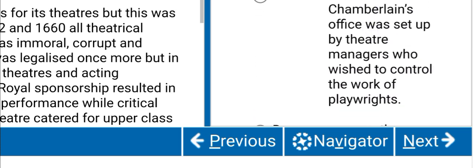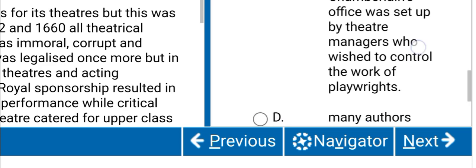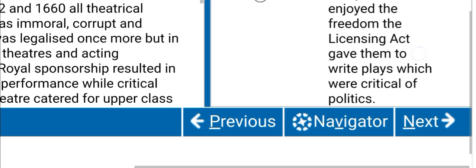Option C, the Lord Chamberlain's office was set up by theatre managers who wished to control the work of playwrights. Option D, many authors enjoyed the freedom the Licensing Act gave them to write plays which were critical of politics.